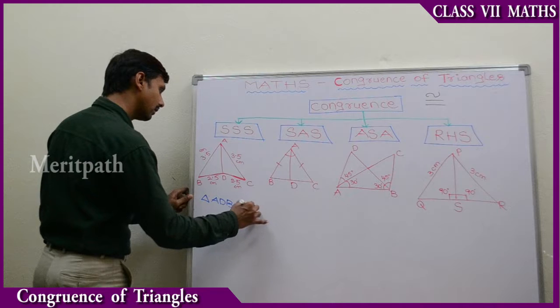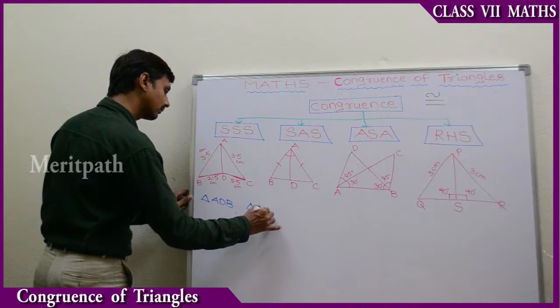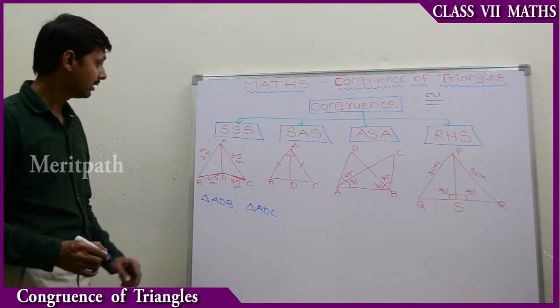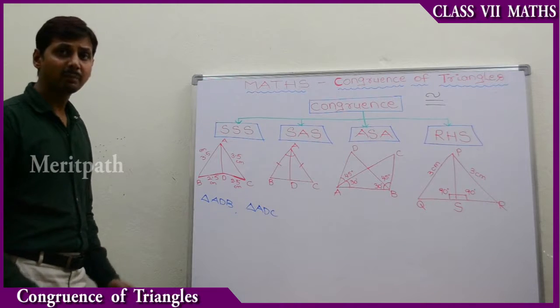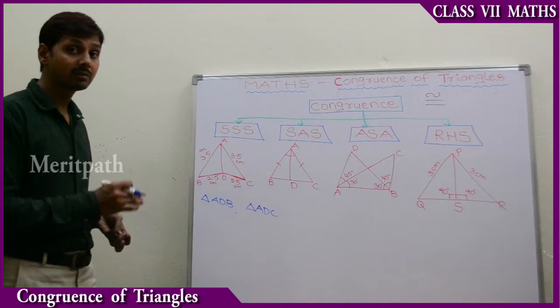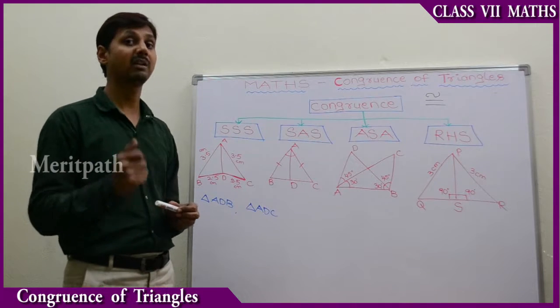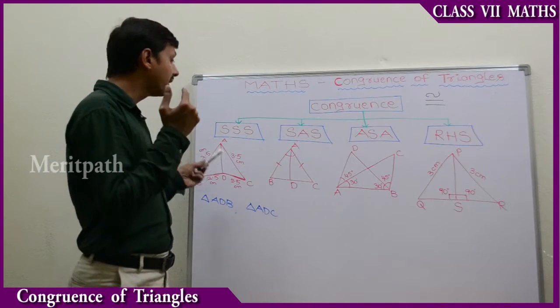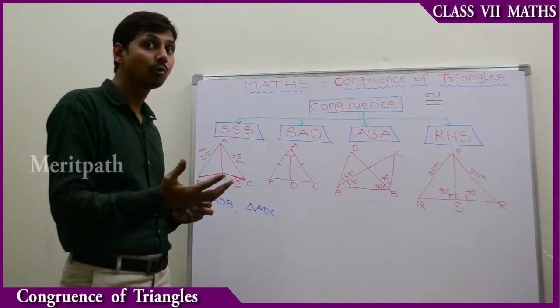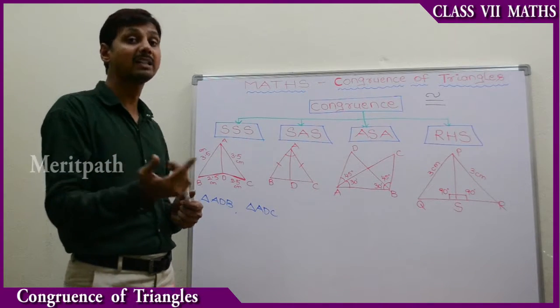When we compare these two triangles, as we discussed earlier, if the corresponding parts of the two triangles are equal, then they are congruent to each other using the criterion of the triplets property.